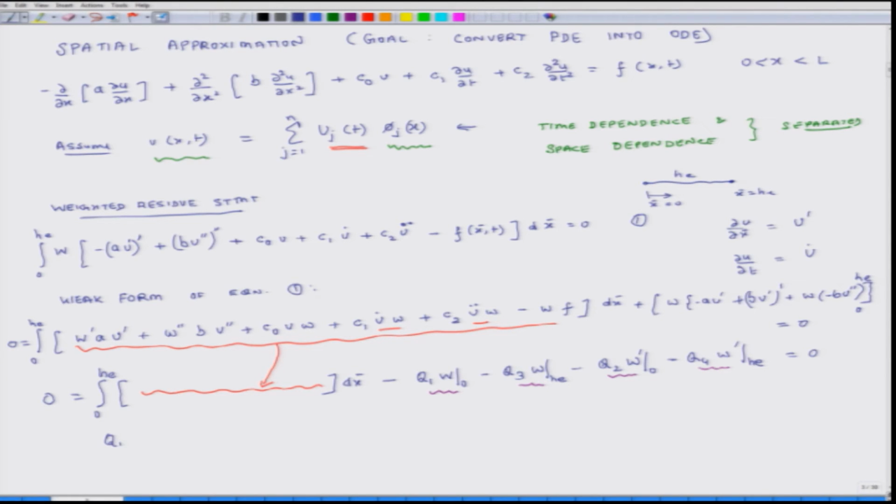So, here Q 1 equals minus A u prime plus B u prime prime, the entire thing differentiated, and this is evaluated at x equal to 0. Similarly, Q 3 equals minus A u prime plus B u prime prime evaluated at x equal to H e.